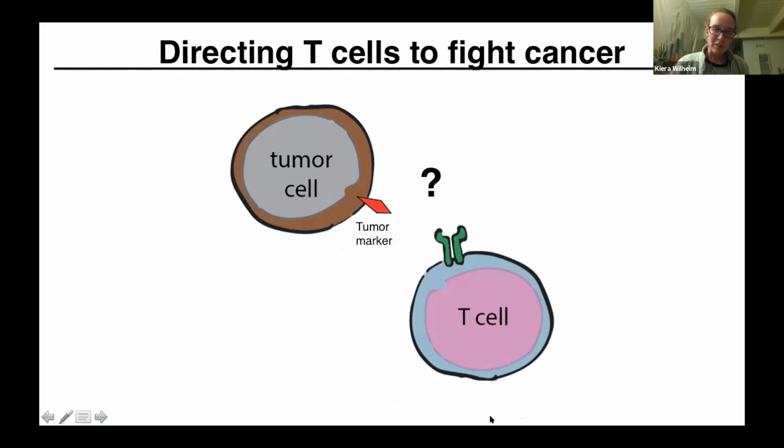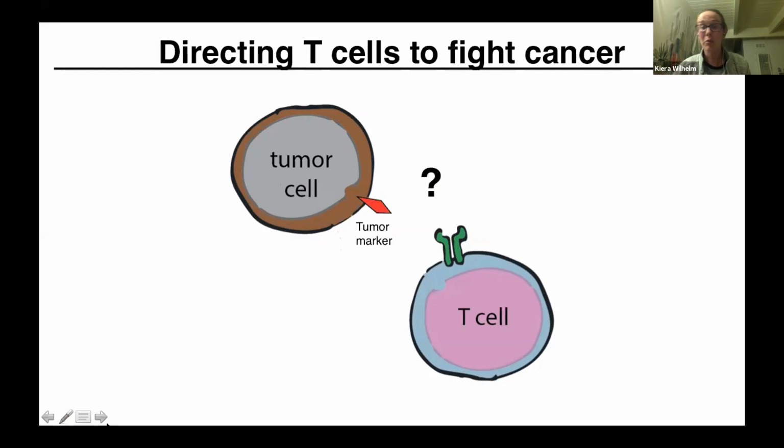What if we don't have any T cells that recognize a specific tumor marker and we have this persistent tumor? Is there some way that we can change what's happening in these T cells so that we can direct them toward that tumor marker and have them clear the cell and specifically target these cancerous cells and leave our healthy tissue alone?